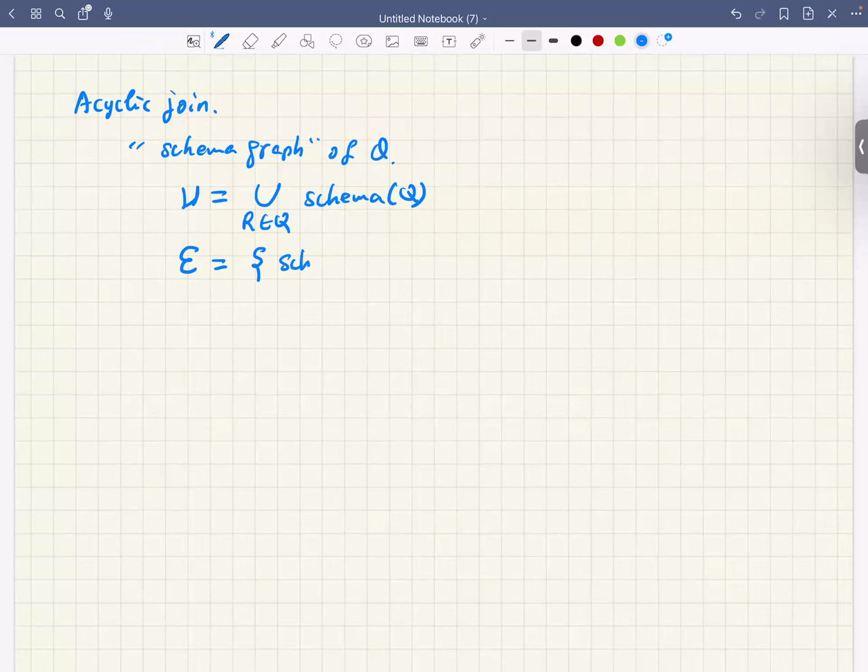If you look at every relation in the join, I take the schema. This is a set of attributes. Remember, this is a set of attributes. And why did I say this is a hyperedge?